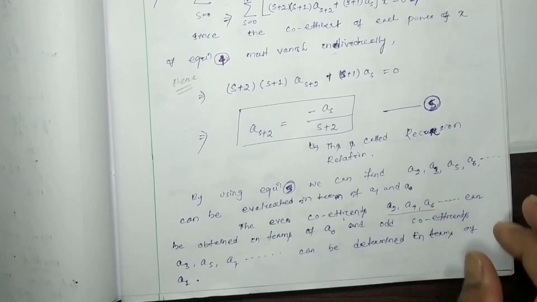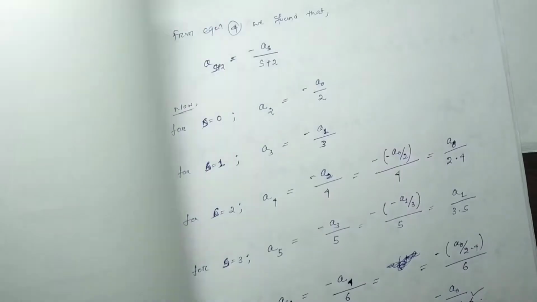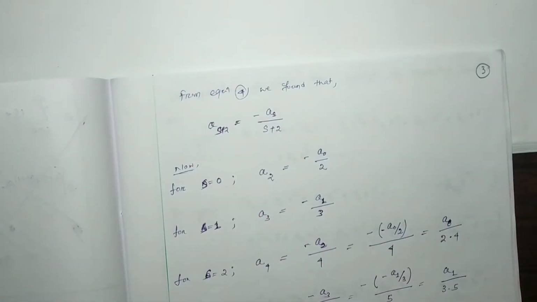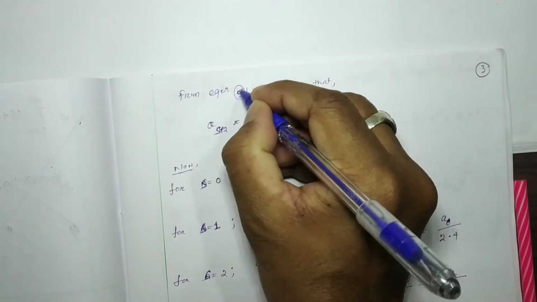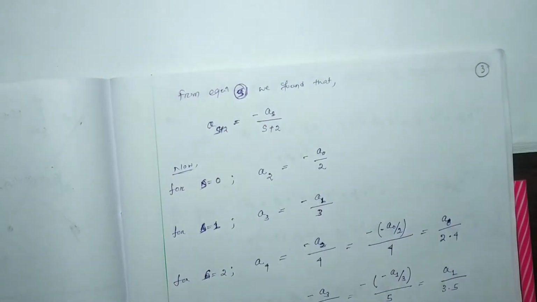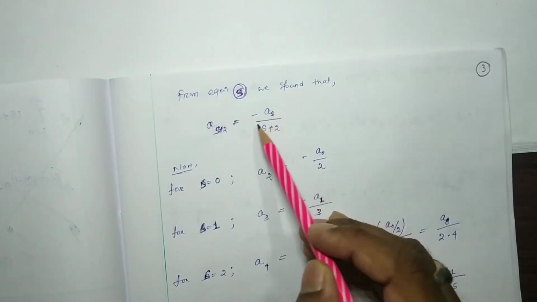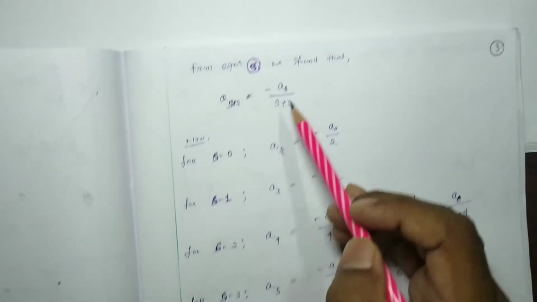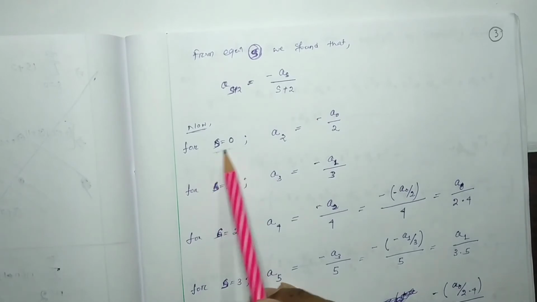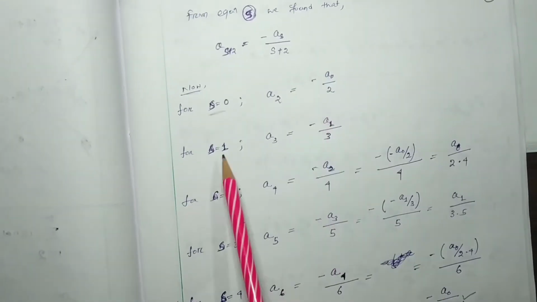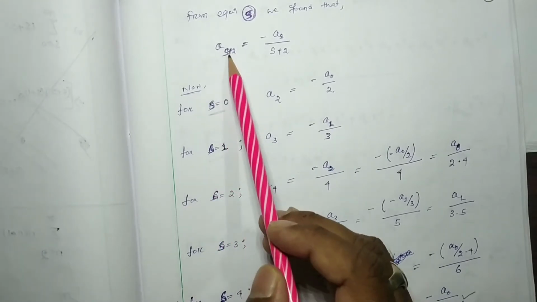How is it? One by one we have determined them. You just follow it. We found from equation number 5 that a_{s+2} equal to minus a_s by (s+2). Now for s equal to 0, a2 is equal to minus a0 by 2. For s equal to 1, just put it over here.